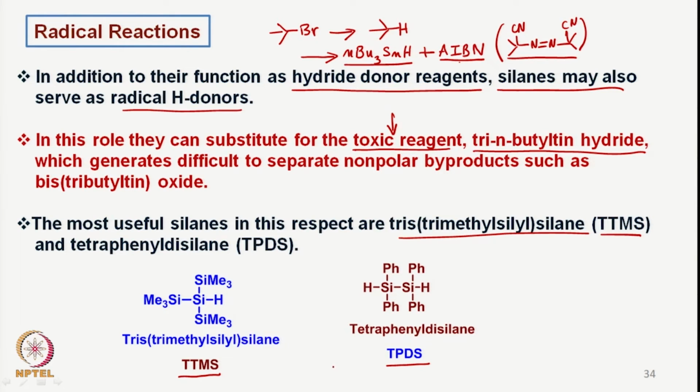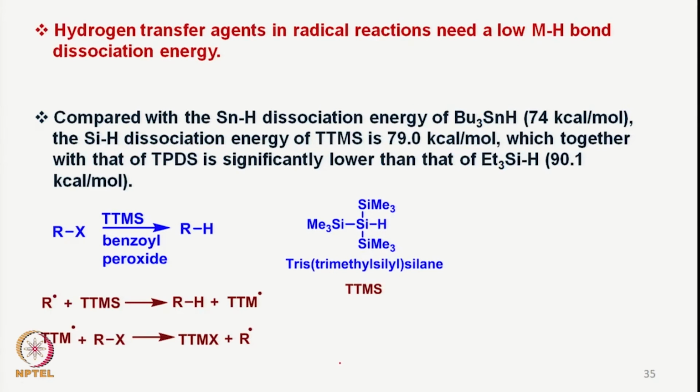Radical-based reactions have their own utility, not only reductions, but they also allow C-C bond formations to take place when radicals are invoked as intermediates. Now, these hydrogen transfer agents in radical reactions need a low M-H bond dissociation energy, obviously because we need to do these reactions not at very high temperature.